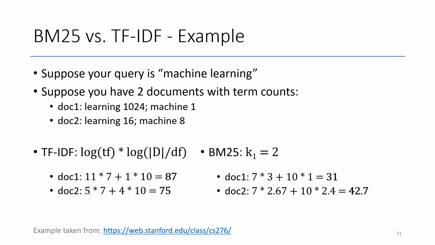And here, of course, this is only a very simplified example, and we don't know the document contents, but neither do the scoring models themselves. But we can assume here that document 2 is more relevant to the query machine learning because it contains more machine and learning together.